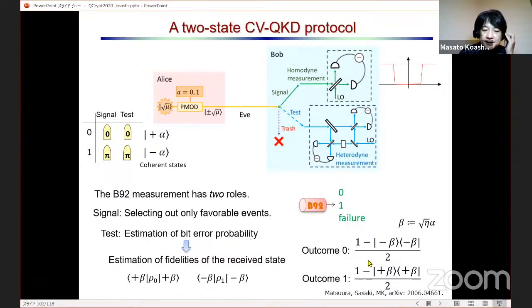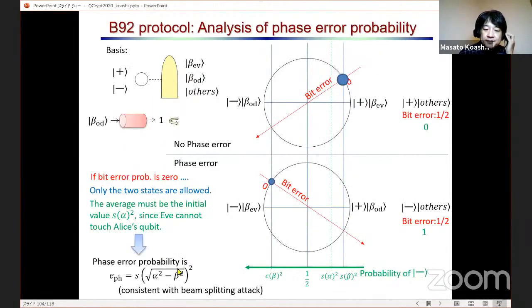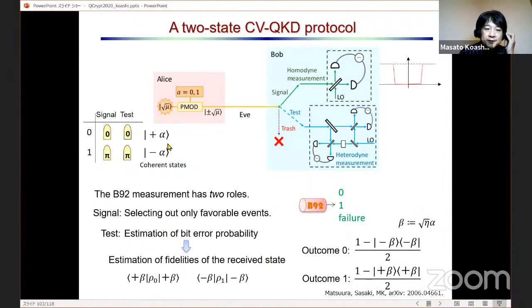This probability is equivalent to estimating the fidelity of the received state to the ideal state. So the zero state should arrive at this point as a plus beta state.